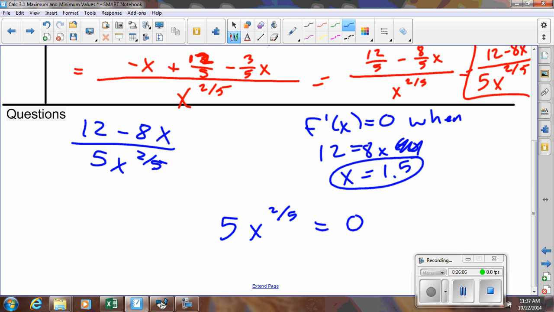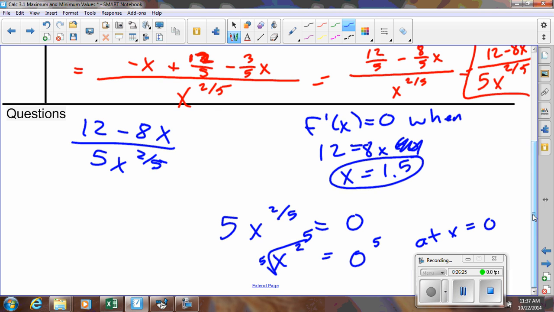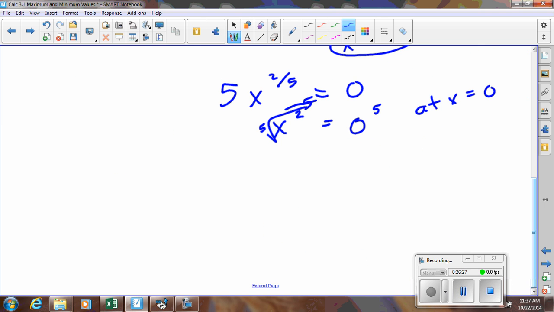Divide by 5. When is x to the 2/5 power equal to 0? When x is equal to 0. We could take the 5th power of both sides, which would have given us x squared equals 0. Square root then is how I got that part.